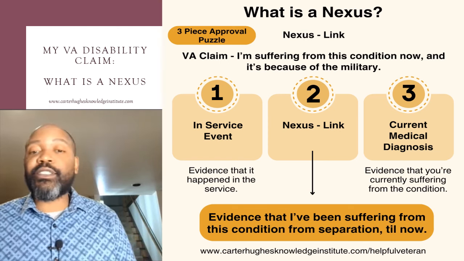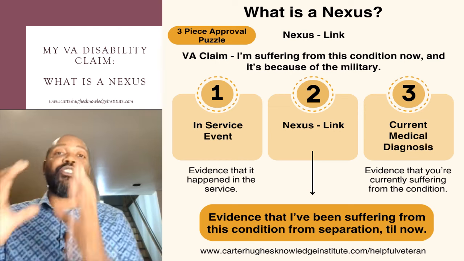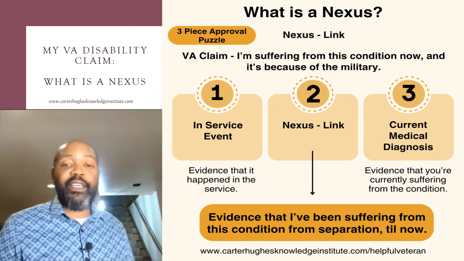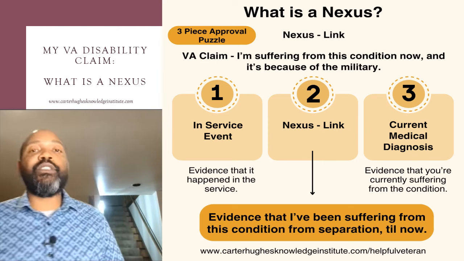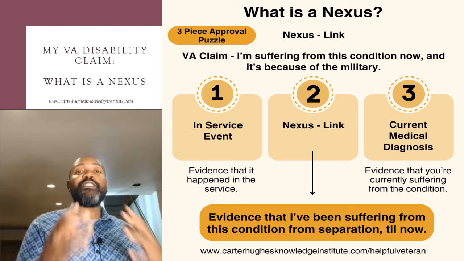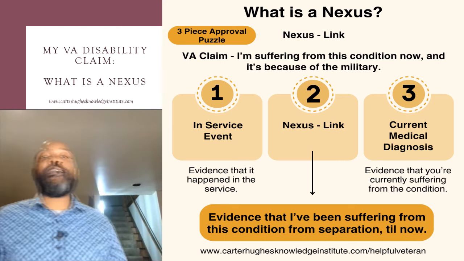There are three pieces to that approval, and they're all based on evidence. You've got to produce evidence to show each piece: the in-service event, the nexus, the current medical diagnosis. So the nexus, once again, is the evidence that I've been suffering from the condition from the time I separated up till now.